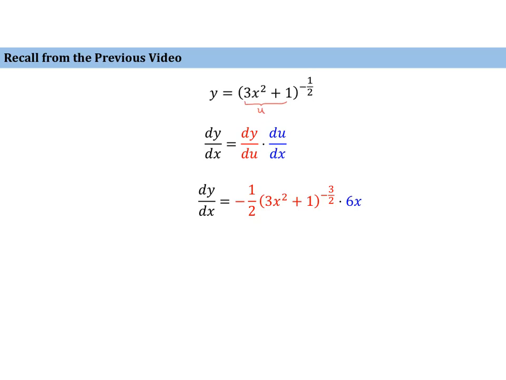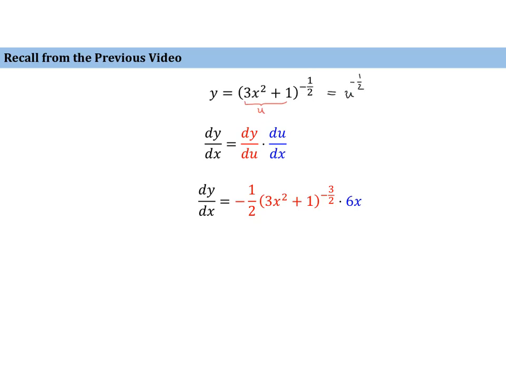And if you remember from last class, we know that if we take the derivative of this type of function, we need to first find dy du and then multiply by du dx. So in this case, this was u to the negative 1/2.